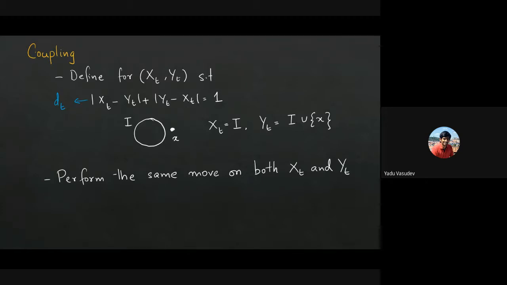The three possible things you can do with the edge: either remove u and v, or you try to remove u and add v, or you try to remove v and add u. You choose an edge uniformly at random. You choose which of the three options you're going to try with probability 1/3. Once you have done that, you try that same step on both xt and yt. So the same move is going to be done on both xt and yt. That is the coupling that we're going to analyze.